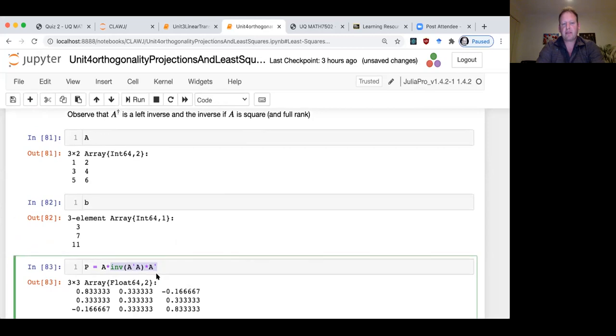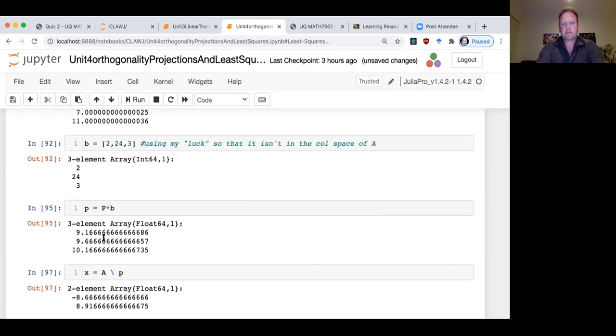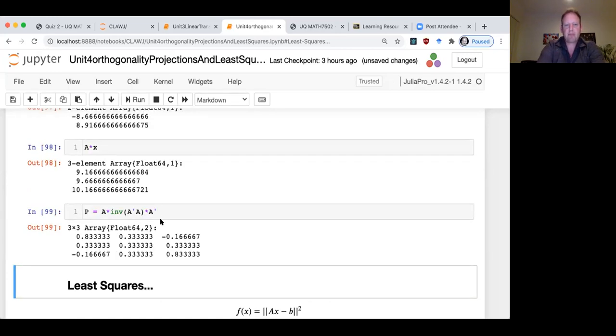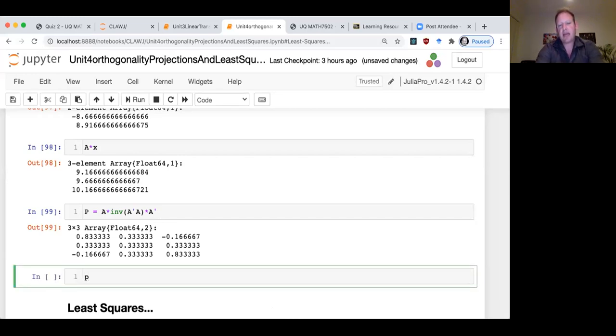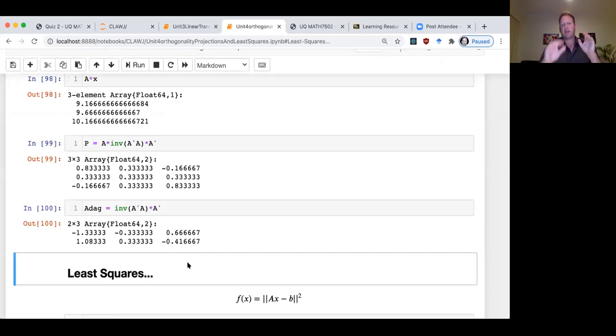Let me copy this whole projection matrix down there and write A dagger. That's the pseudo-inverse: the inverse of A transpose A times A transpose. The pseudo-inverse is not a square matrix, while a projection matrix is square, because it takes a vector from Rn and puts it in Rn.